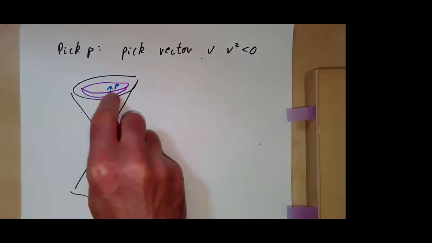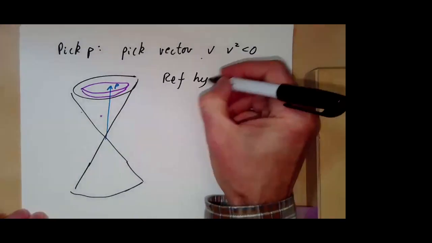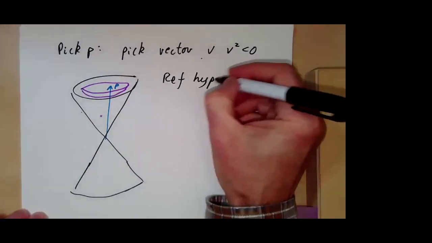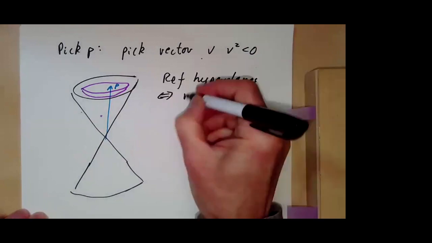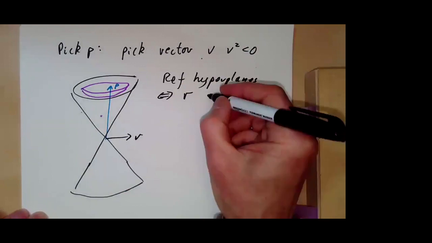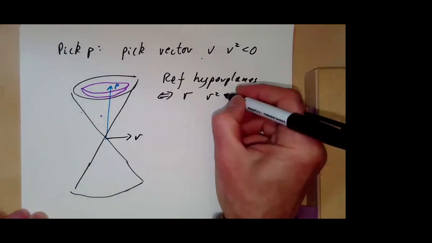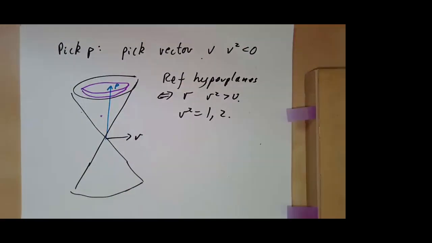And the reflection hyperplanes correspond to vectors R. A typical vector R might be like this, with R squared greater than 0, and we usually want R squared equal 1 or 2 if the lattice is unimodular. There are more complicated cases when the norm is bigger than 2, but we won't worry about those.